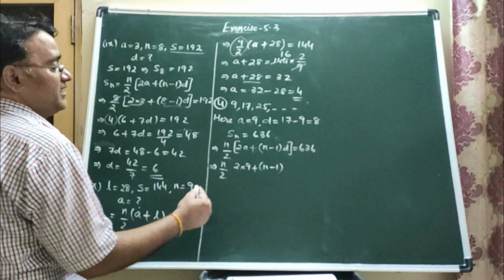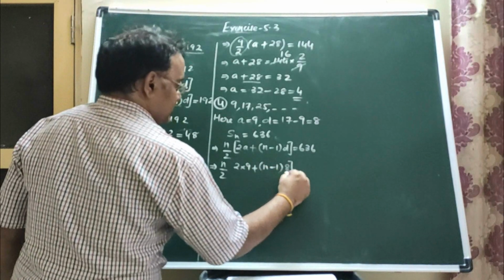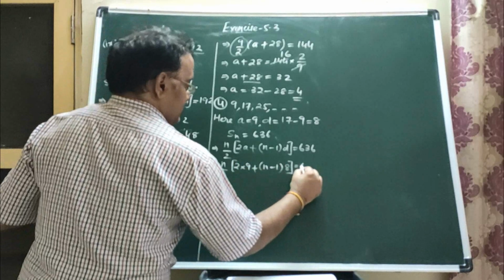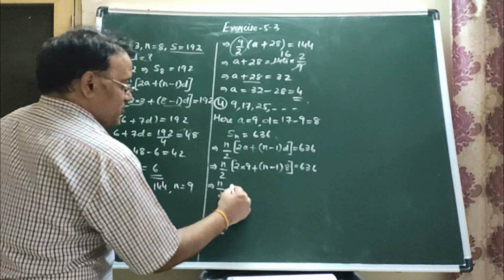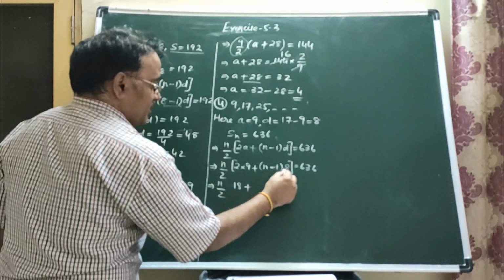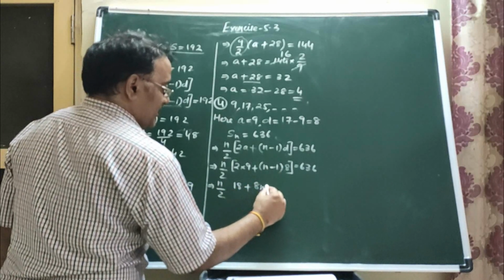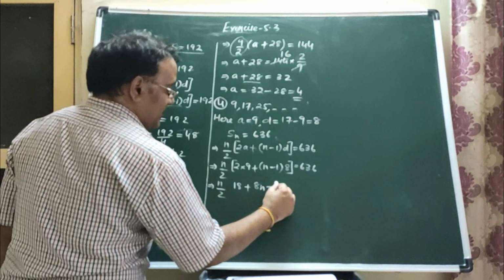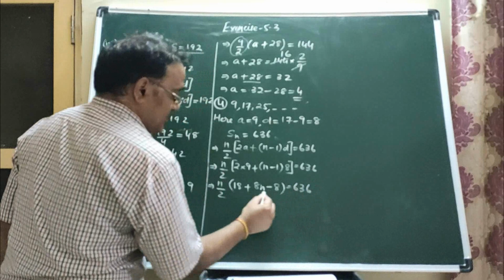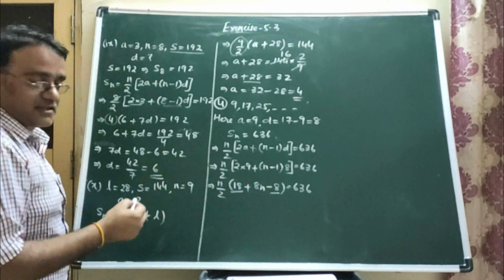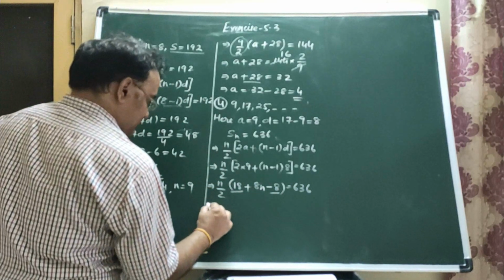And what is d? 8. So 18 plus this will be 8n minus 8, and this is equals to 636. Now 18 minus 8 will become plus 10.